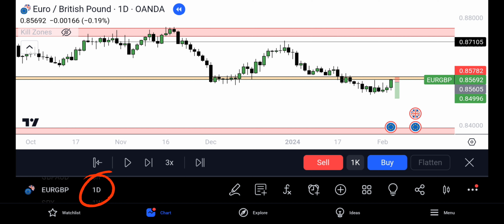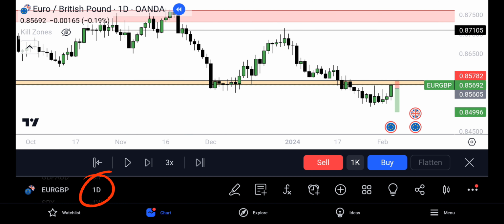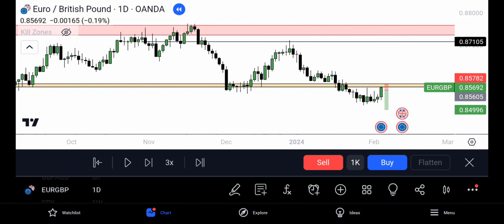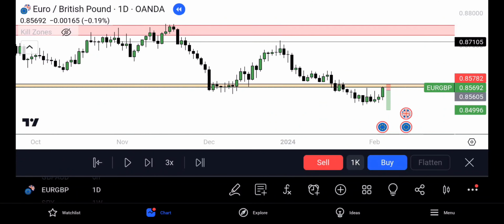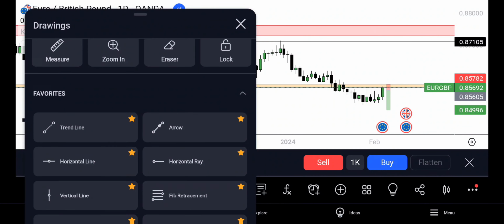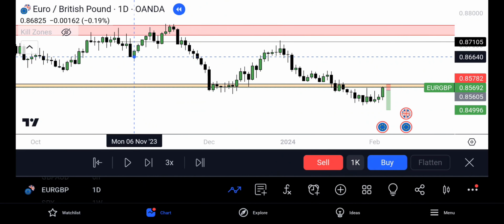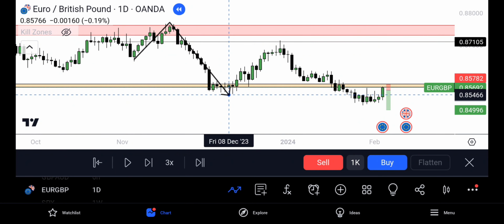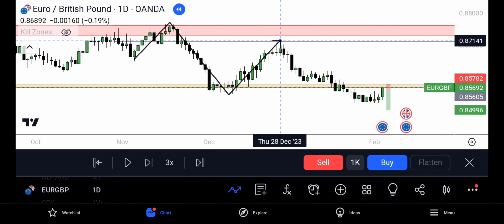First of all, I came to the higher time frame of the daily, right? So right now you're looking at the daily time frame on EURGBP, right? And quickly I noticed that the trend of this market is bearish. Why? Because it's creating a series of lower lows and lower highs, right?